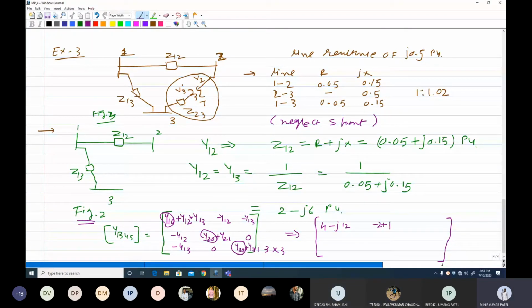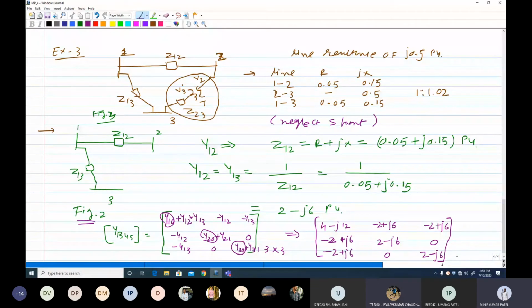Minus 2 plus j6. Then next minus 2 plus j6, minus 2 plus j6, same as it is a symmetric matrix. Okay. Then minus 2 plus j6. What is the value of Y22? 2 minus j6. Yes, 2 minus j6. Here it is 0, 0 and 2 minus j6.